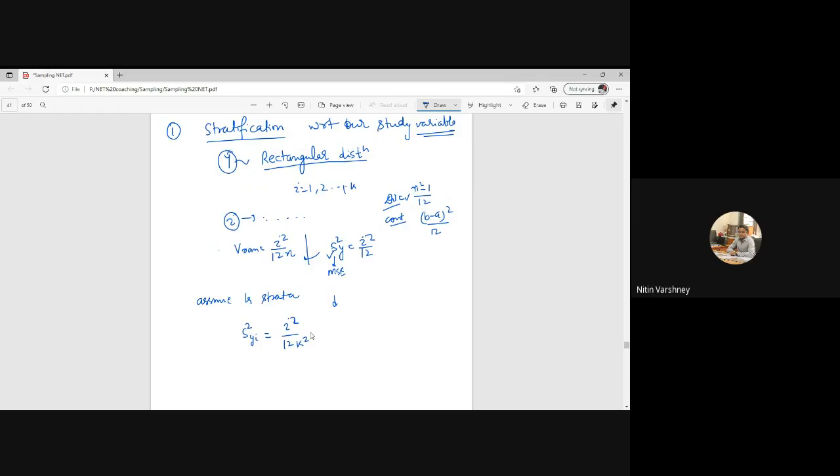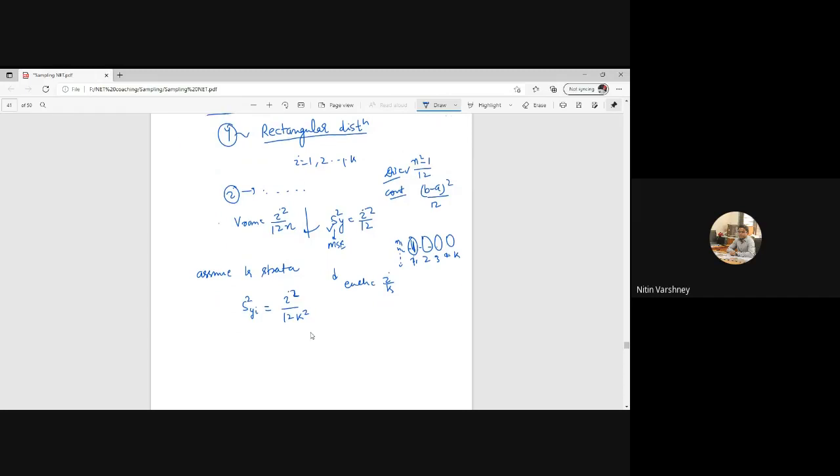So assuming now k strata, each of its width will be I upon k, because we are making k number of strata, and the sample size will be I. Here 1, 2, 3 number of strata will be there, and n1, n2 likewise will be the stratum sizes. So each of the width will be I upon k.